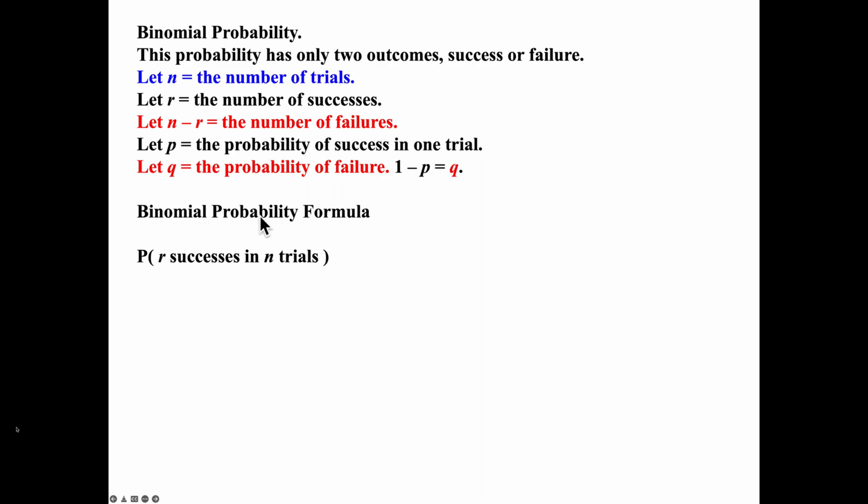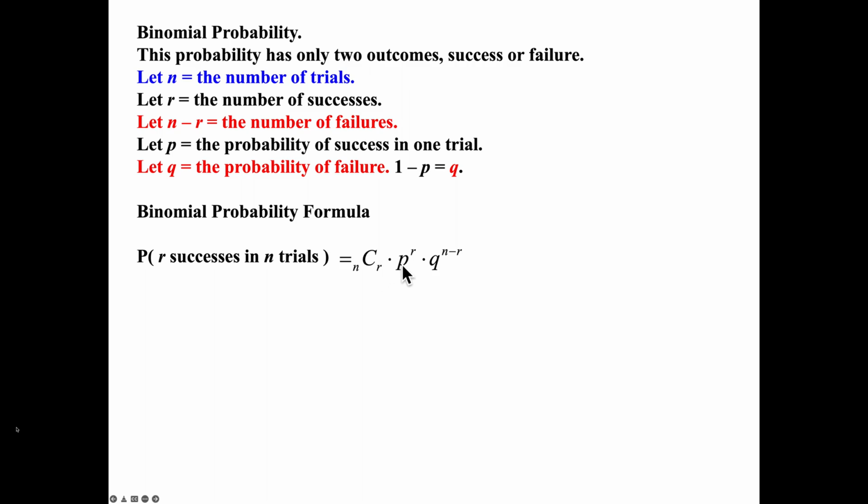So the binomial probability formula looks like the following, and it's going to look familiar. This is your binomial expansion theorem. All right? They just switched around two things being multiplied together, but it doesn't matter. You will have your combination, n the number of trials, and r the number of successes.